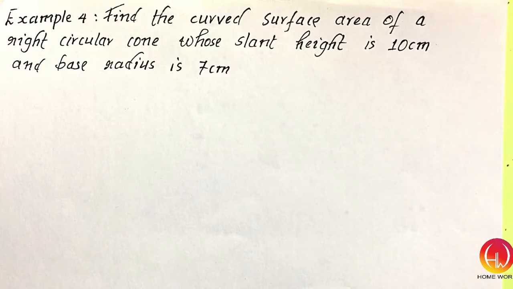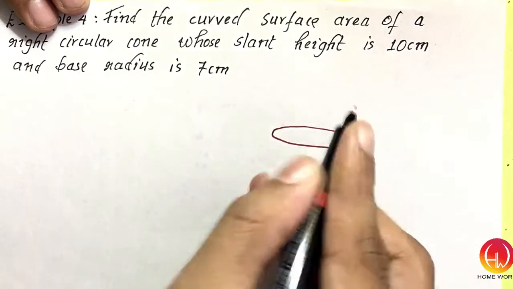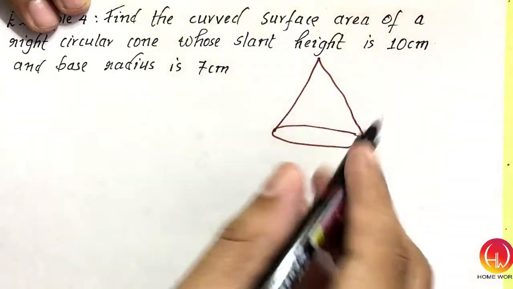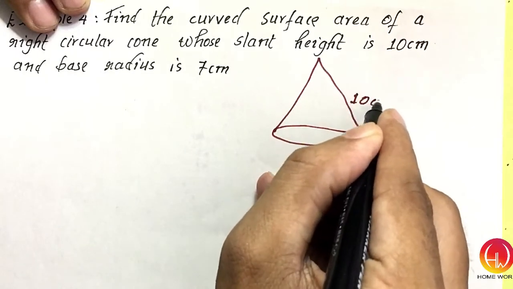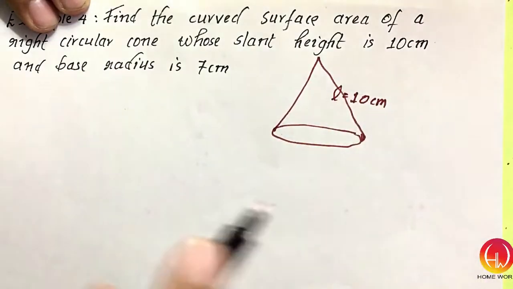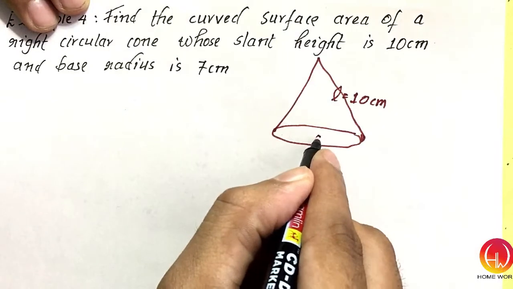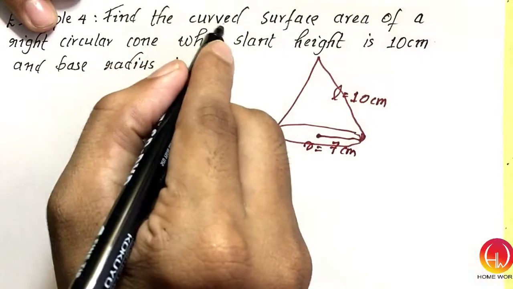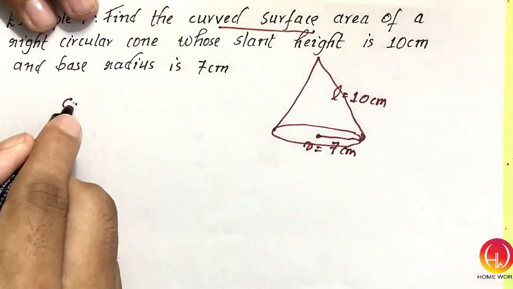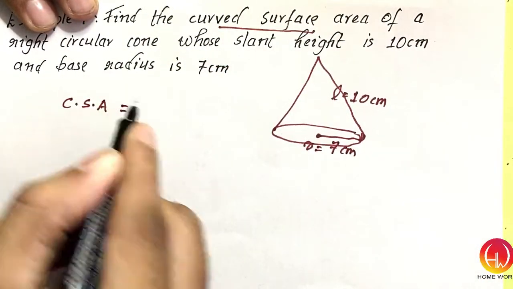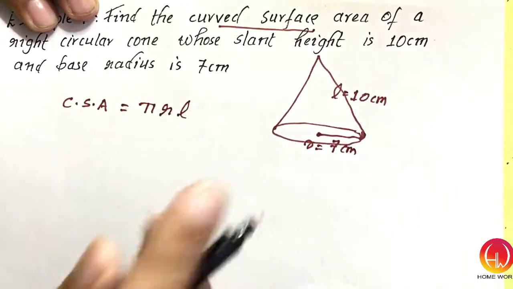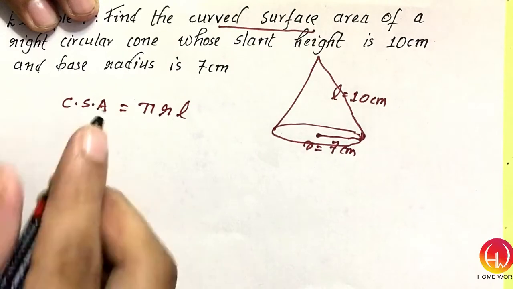Example 4. Find the curved surface area of a right circular cone whose slant height is 10 centimeter, that is L equals 10 centimeter, and base radius is 7 centimeter. Find the curved surface area, or CSA. We know how to find the CSA of a cone: pi into radius into slant height, pi r l.